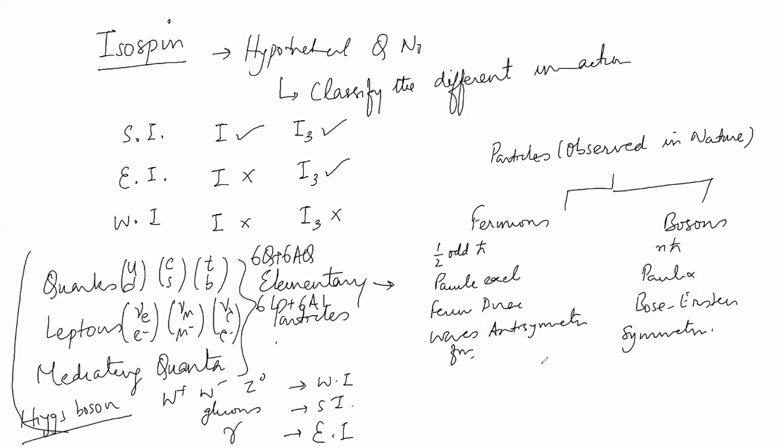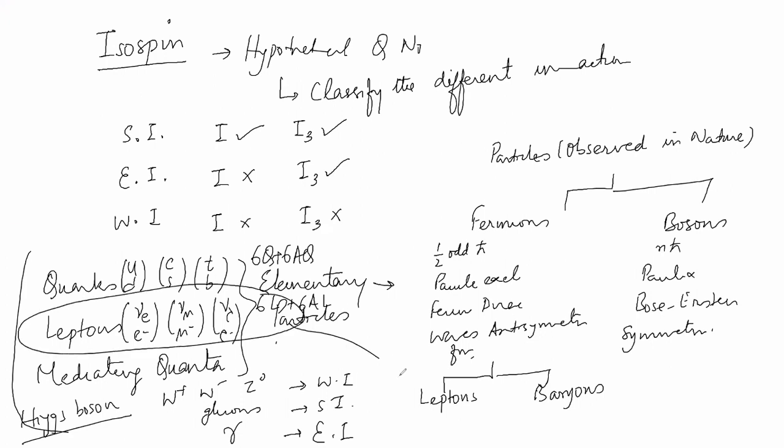Then we classify these fermions further into two broad groups. One we call leptons, and another baryons. All these particles which I have written here are leptons. They are found in nature.